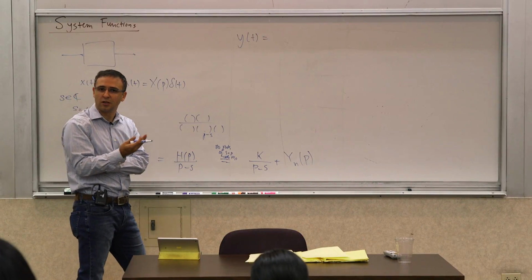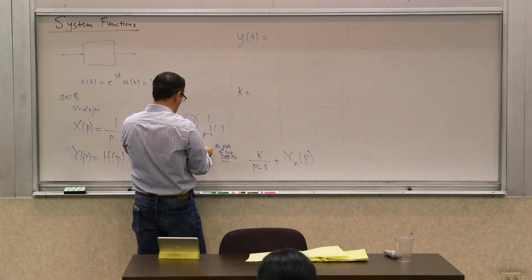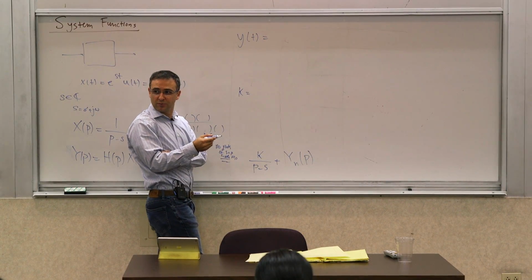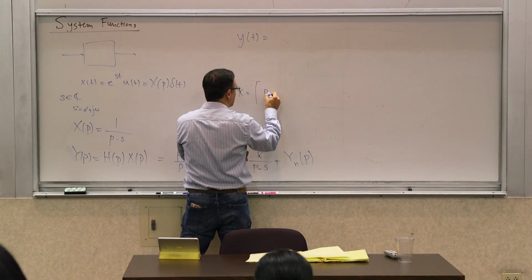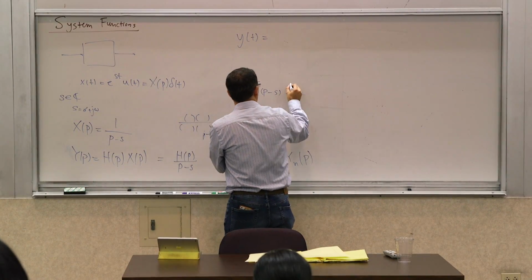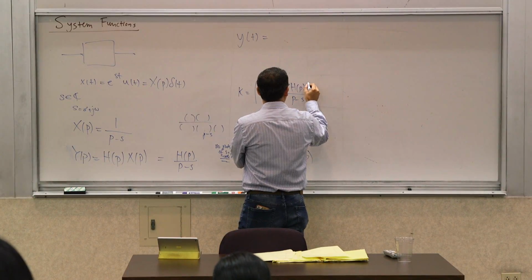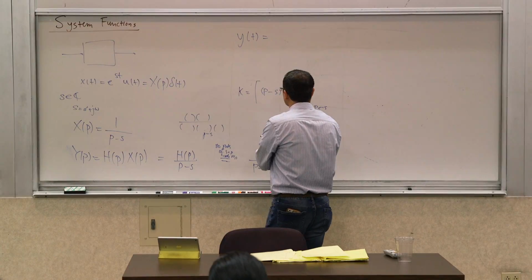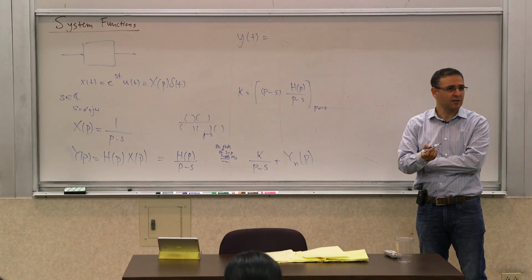The way we calculated K was that we multiplied the function by the polynomial that you had in the denominator. So in essence, you would multiply it by p minus s, and then you replaced it with a root. So basically, you would just take the p's and replace them with s. That's what we did, right?